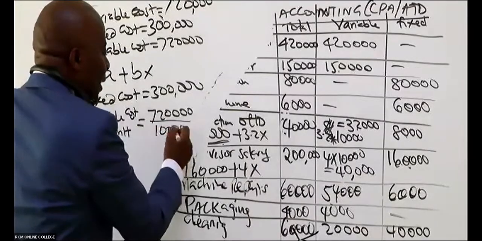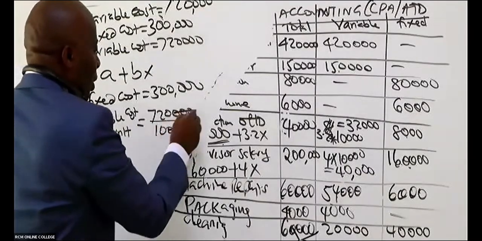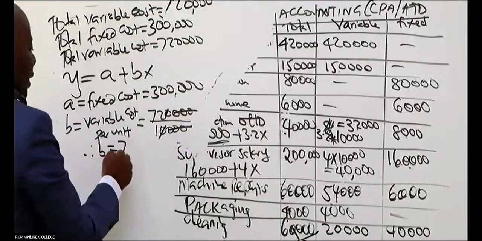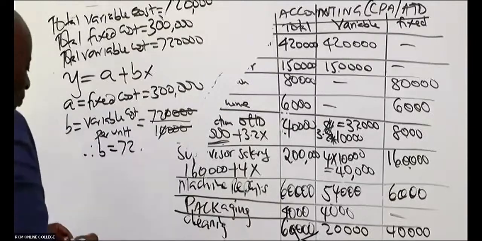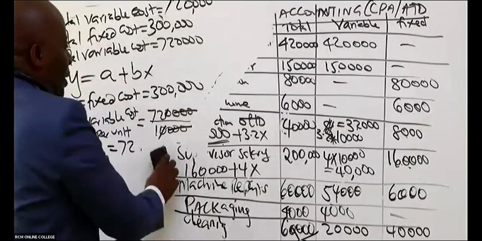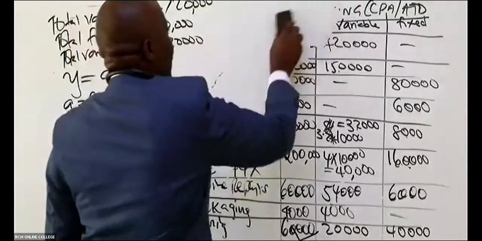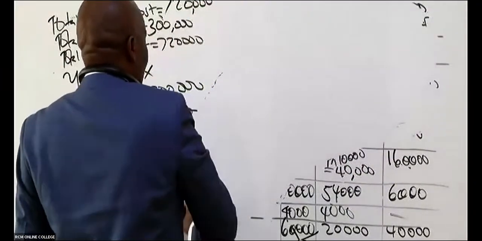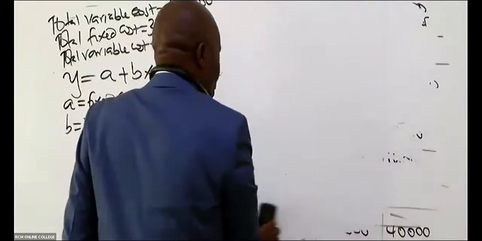So you have to divide this by 10,000. Therefore, b is 72 like that. So b will be 72.